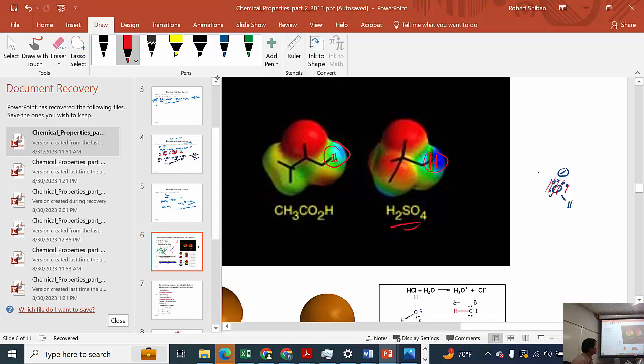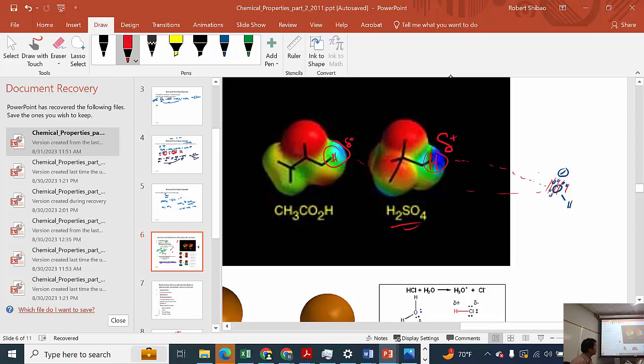The reason this one's much more blue is it's got a much bigger positive charge. This one has a much smaller positive charge. In other words, this one's quite a bit more polar. If you're hydroxide, you're going to get a better grip on this hydrogen than on this one, because what constitutes that grip is a Coulombic attraction.